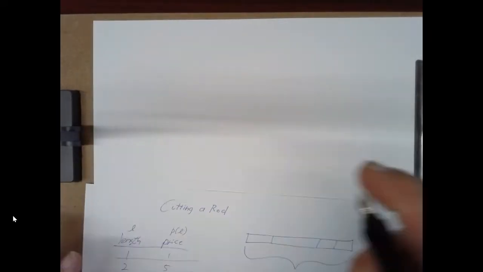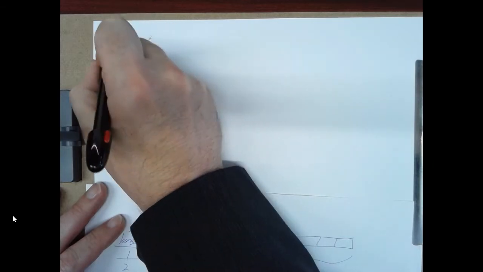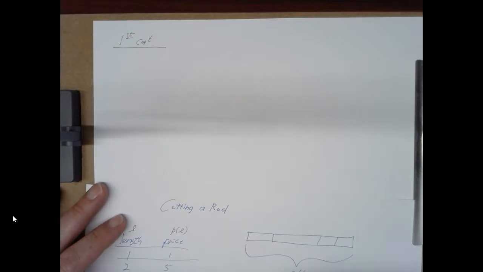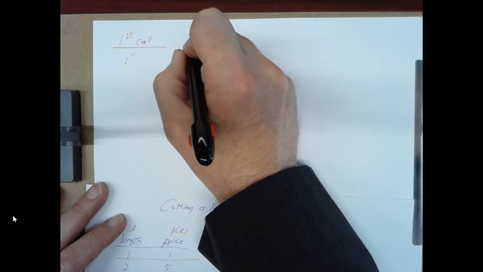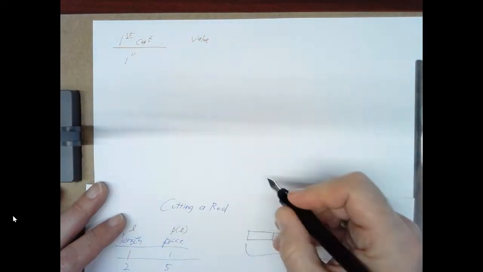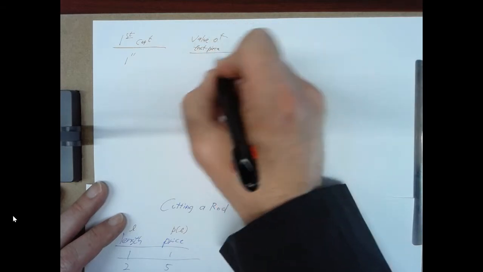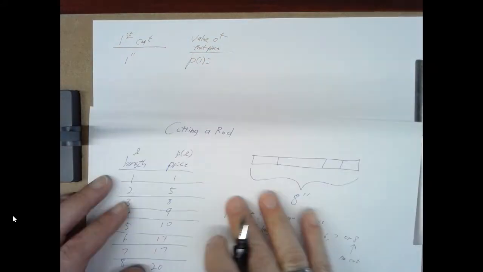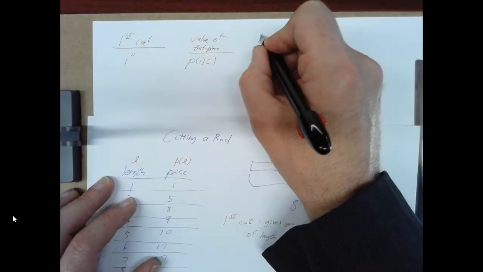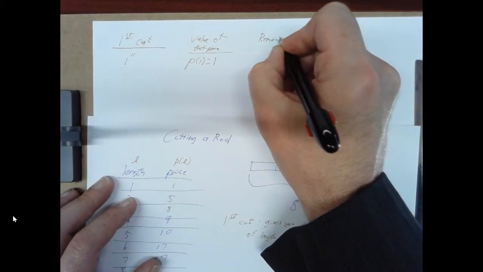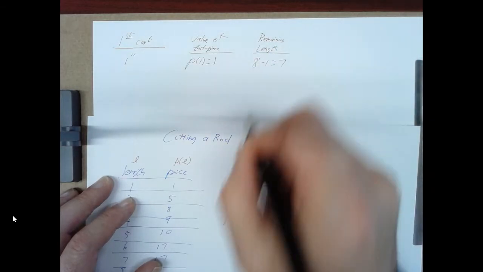All right, so we have some possibilities. So here's the first cut we might make. Suppose we make our first cut to give us a 1-inch piece. Value of that piece is going to be P of 1, which according to our pricing table is 1. And we have a remaining length of 8 minus 1, which is 7.